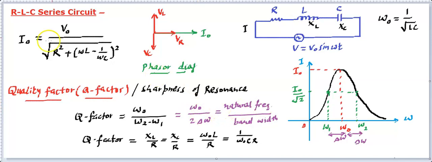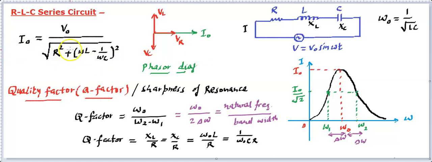This is the formula for I, and instead of I, you replace I by I naught by root 2. So if you replace I with I naught by root 2, then you'll find it is related to this. And for I naught, this term becomes 0, right?